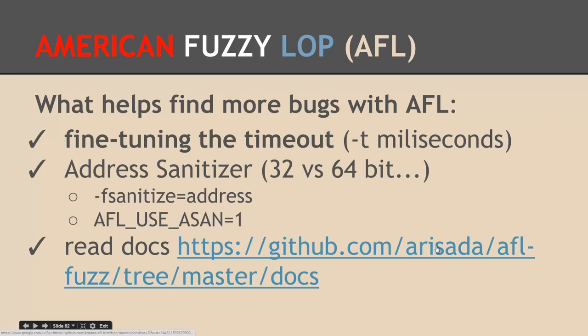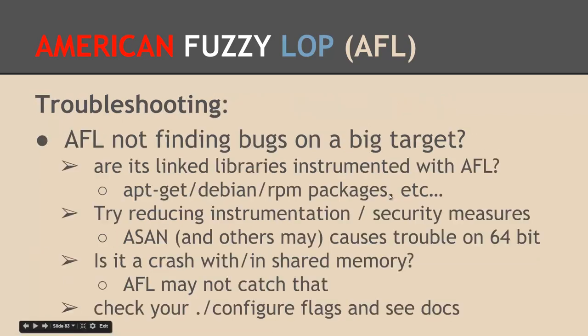And so another good resource is a bunch of tips listed in the AFL master documents, which is linked here. If you have been running AFL for a long time and not finding bugs on a big target, it may be due to a number of problems I've already discussed, but you may want to ask yourself, are you targeting linked libraries, and if so, are they instrumented with AFL?